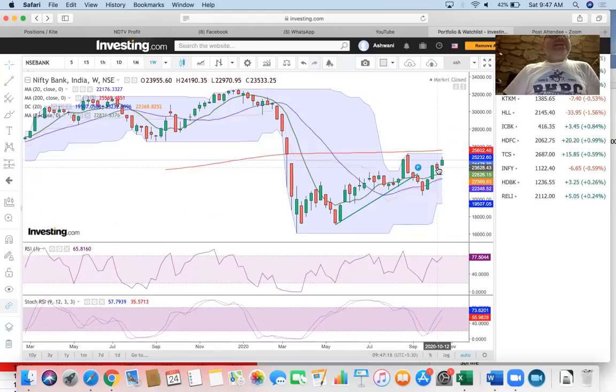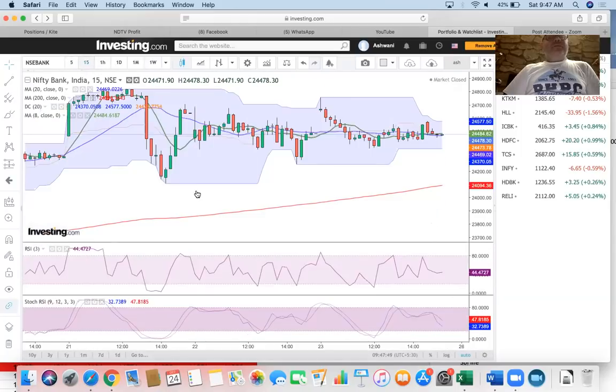On the weekly basis, previous week levels were 24,190 was the high, 22,970 was the low, 23,533 was the high. So there was no way you could have had a previous week telling you what to do. Okay, so sometimes you will have to use one index to get a guesstimate on the other index.